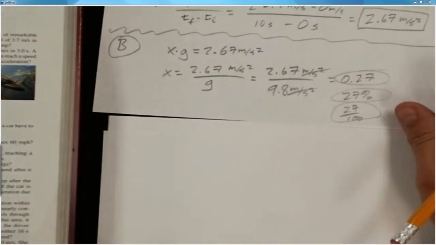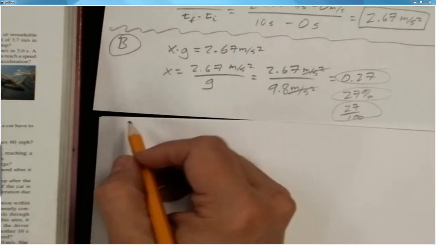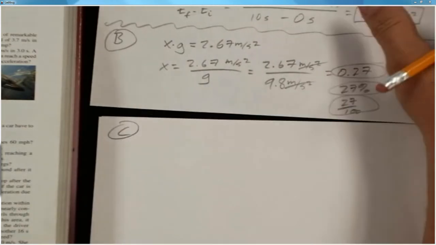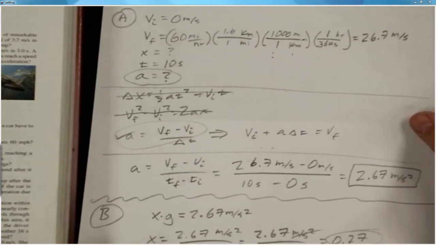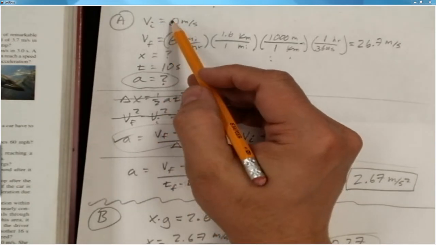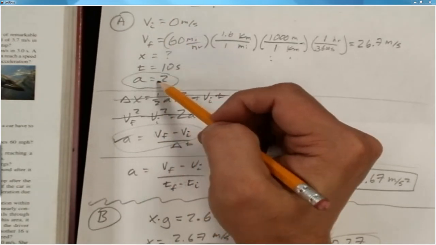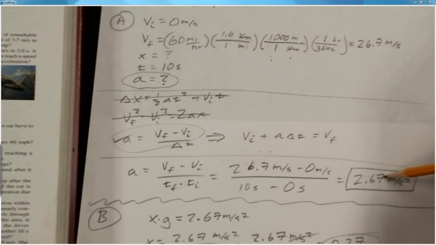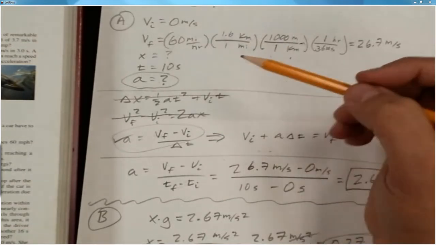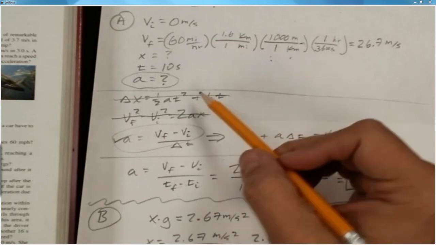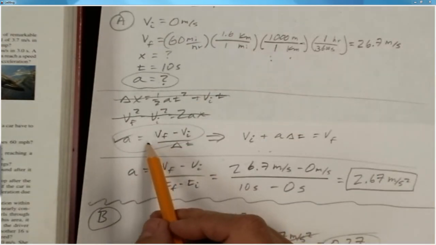And let's do part C. So I will remind you, looking back up here, that you have VI, VF, T, A. A is this, 2.67 meters per second squared. And we don't know distance. And these are our kinematic equations. I need distance, and I've got everything else.